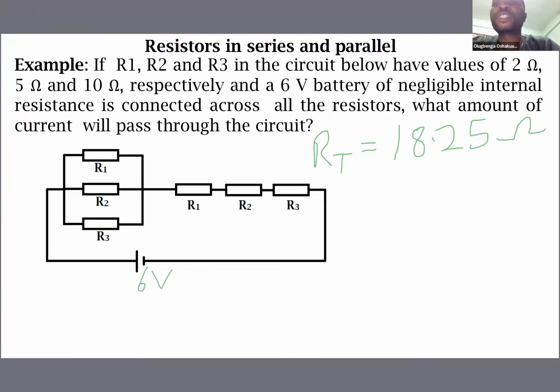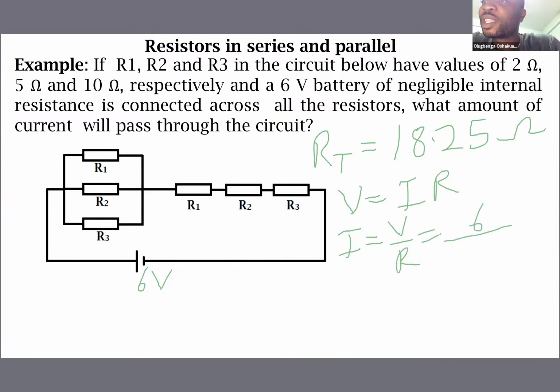What amount of current will pass through the circuit? Then we'll remember what Brother Ohm taught us. V equals IR. And the current we need is V over R, and that is 6 divided by 18.25 ohms. And the unit will be ampere. And whatsoever you get is correct.